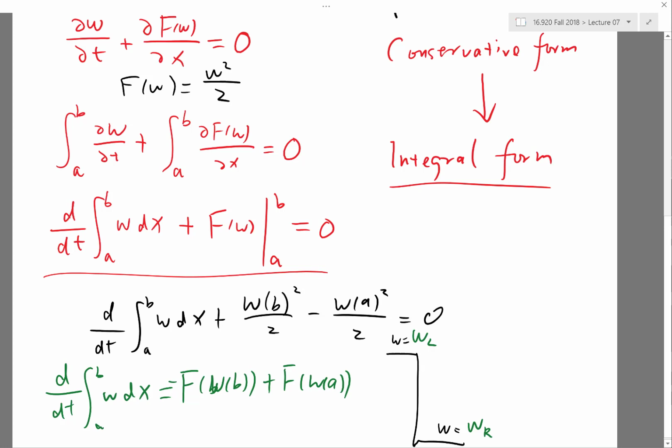Okay, so here let's start analyzing how the shock wave is going to behave.